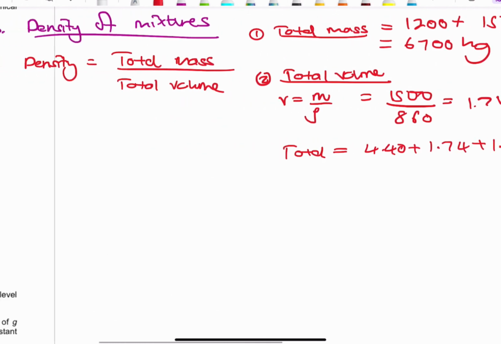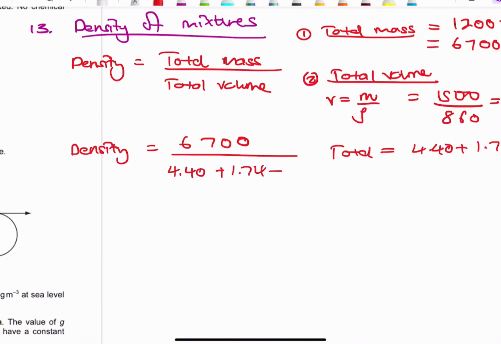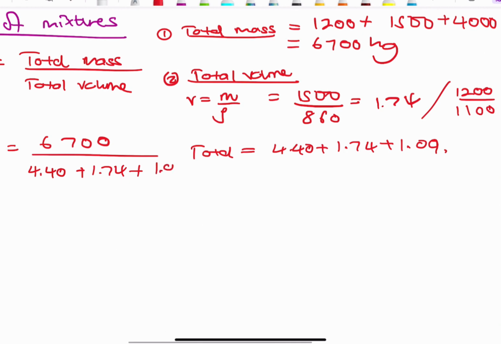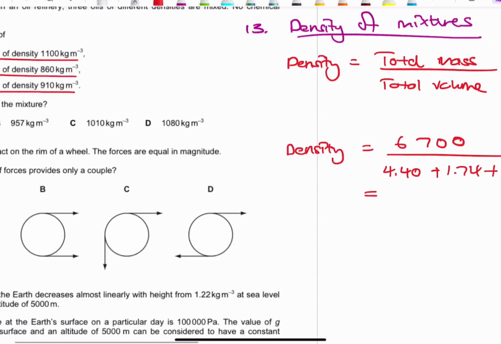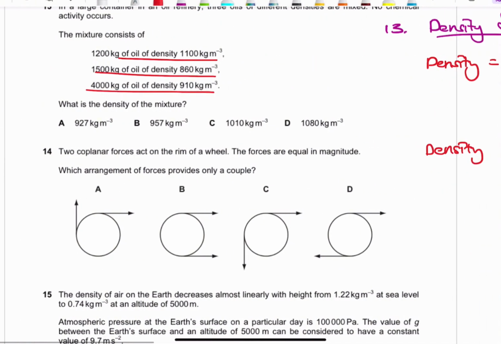Therefore, we can go back here and say our density will be equivalent to 6,700 divided by 4.40 plus 1.74 plus 1.09. Basically, it's going to give you an answer of roughly 927, right? 927 is going to be A.